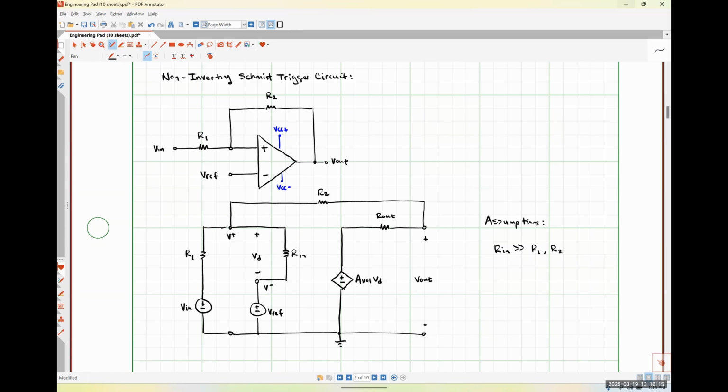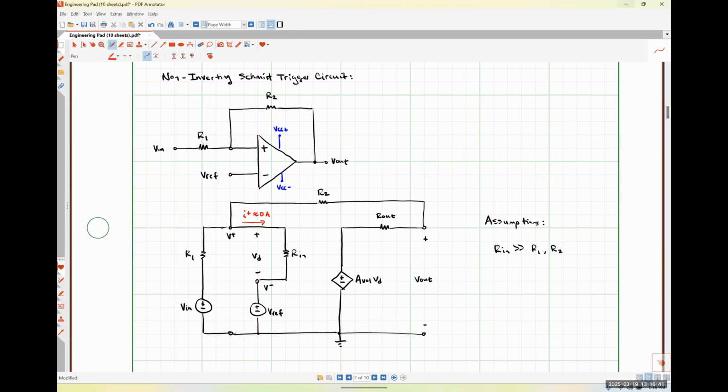So we talked about this in Monday's class meeting, but whenever I have this particular case, effectively what that's going to do is make sure that the current that's flowing in through the input resistance, let's call this I plus, will be effectively 0 amps.